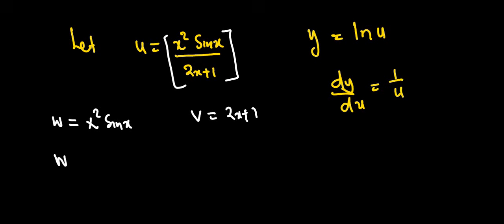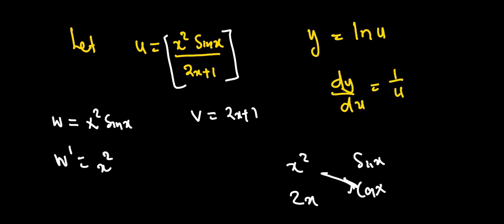When you differentiate this, we're using the product rule on the numerator part, x squared and sine x. This is 2x and this is cos x. So we have x squared cos x plus 2x sine x. The v prime is just going to give us a 2 when you differentiate it.